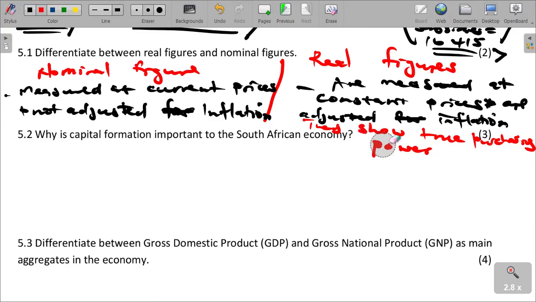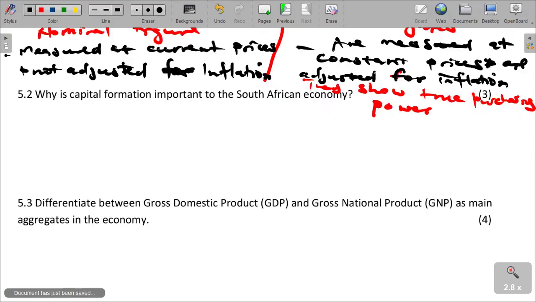That makes it easy to say they show the true purchasing power of whatever is being calculated. In simple terms, nominal figures are money value today, and real figures show money value after removing inflation.